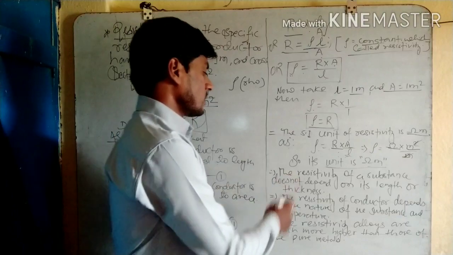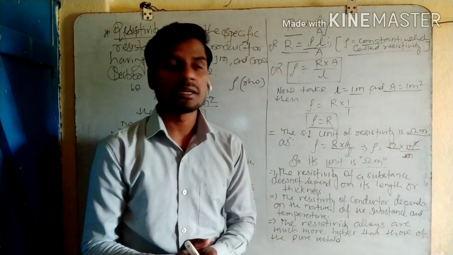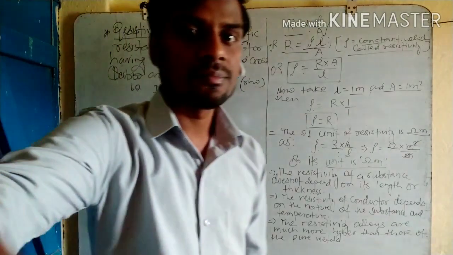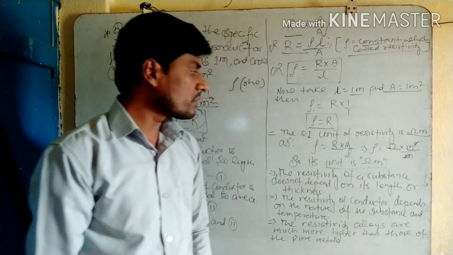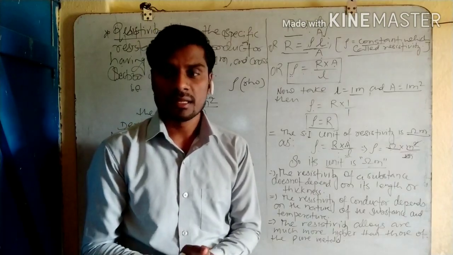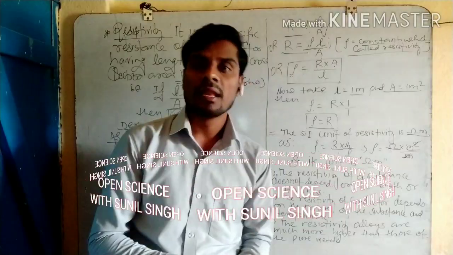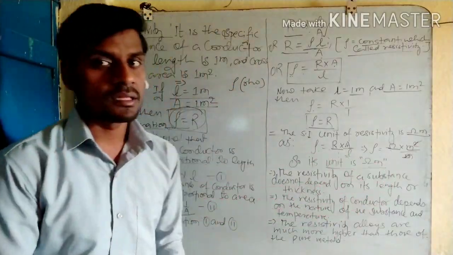The point here is that the resistivity of a substance does not depend on its length and diameter. The resistance of a substance depends on its length and thickness, but resistivity does not.